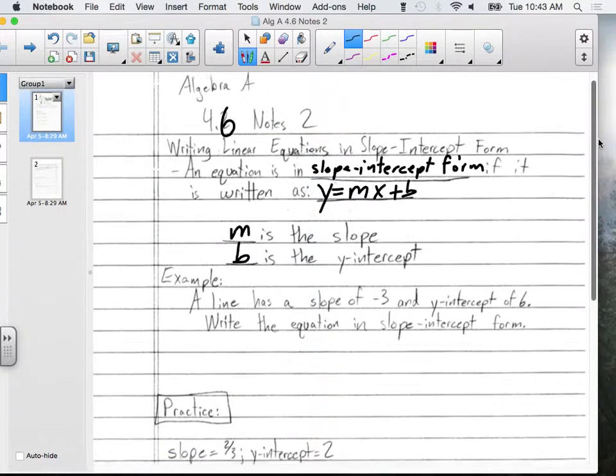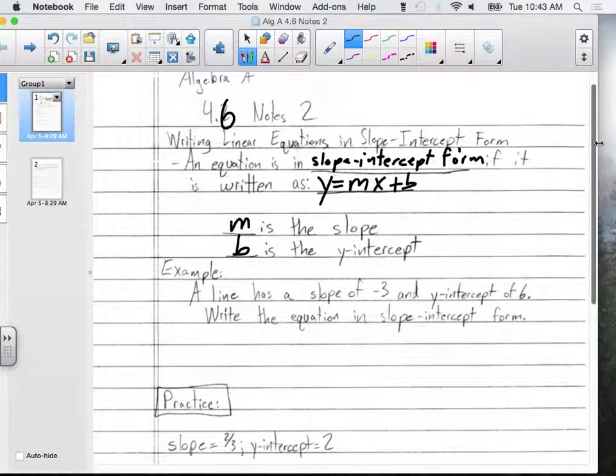What if there's a subtraction, Mr. Conlon? What if it's not addition? Well, let's put in 2 numbers. So y equals, someone give me a number between 1 and 5. 4. 4x minus, someone give me a number between 1 and 3. 2. So, is this the same as y equals mx plus b?